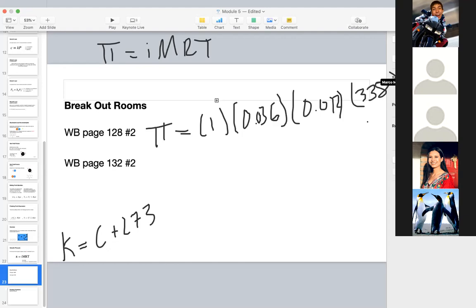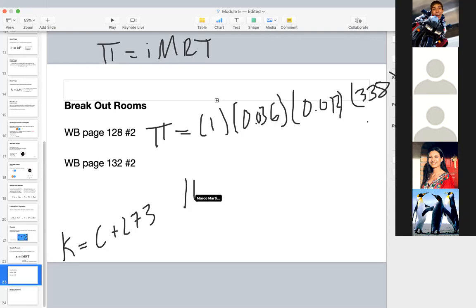So once we have all this, we could just solve for osmotic pressure. So it'd be 338 times 0.2 times 0.036. Oh no. Oh man, yeah, you're right. I erased the wrong thing. I'm falling apart.